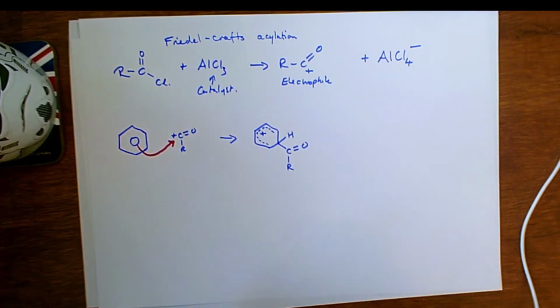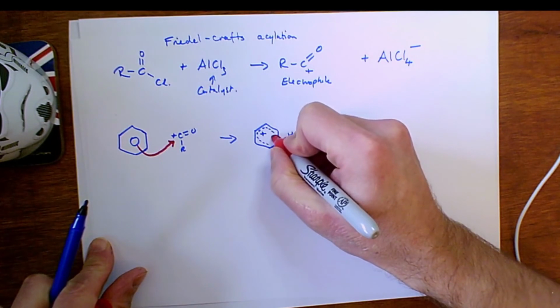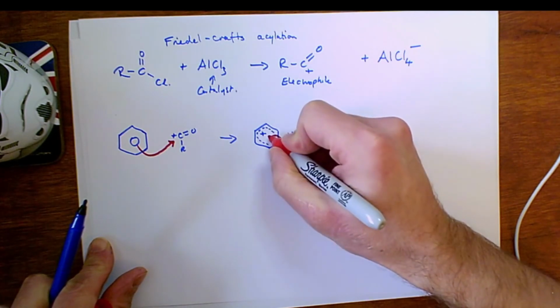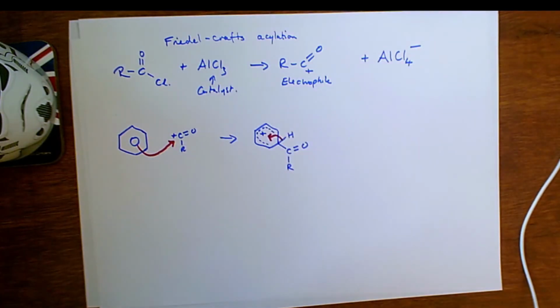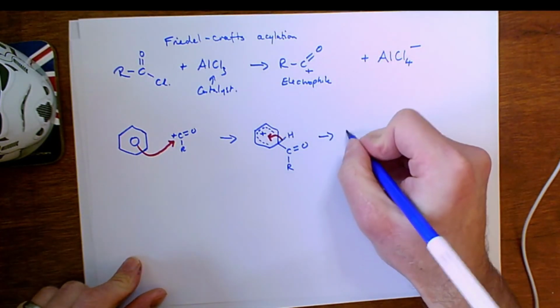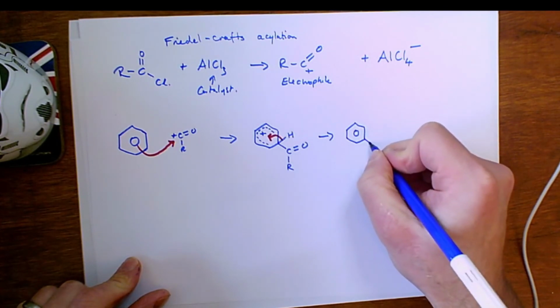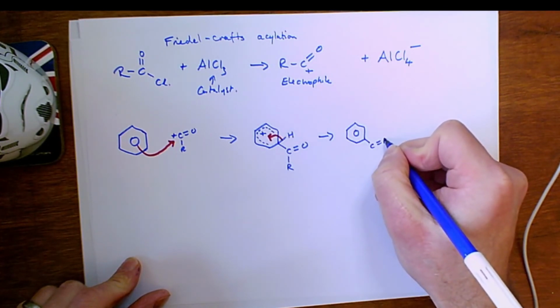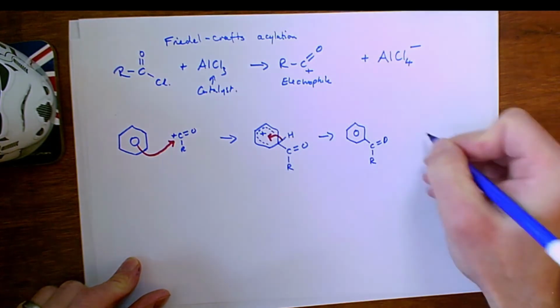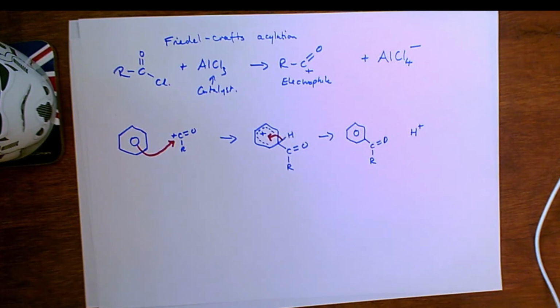Next step, we're going to break this bond. So the electrons from that bond are going to return to the ring, so they're going to pop into there. So now we have made our acylated product. That's an O, my R's here, and I've got an H plus that's been released.